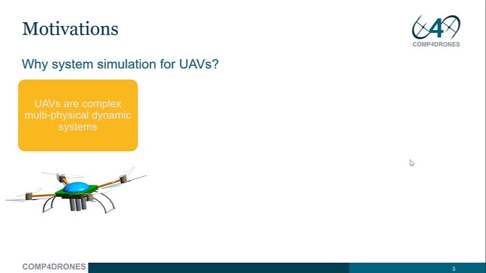So why do we think that system simulation is particularly suitable for UAVs? Well, UAVs are complex multi-physical dynamic systems. Even if you think about the simplest UAV out there, there are several subsystems with different physical domains interconnected. Think about the energy storage in the battery, how electrical energy is converted into mechanical by the electromotors, the propeller and the aerodynamics, and it is of course a dynamic system in that its state variables change over time.